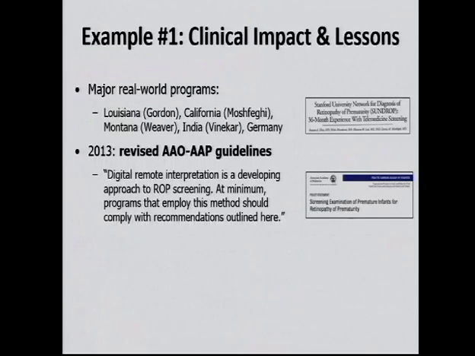At minimum, if you do this, you should comply with the recommendations outlined here, which basically says you can do it, but be really careful. But to me, I thought that was really neat because it sort of showed that you've got that need, you do that research, and then you get it into policy. So it's that multi-step thing, and you get to sort of close that loop, and it actually happens.